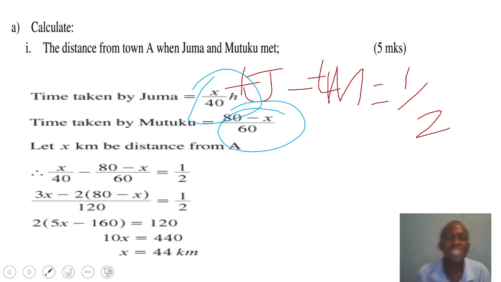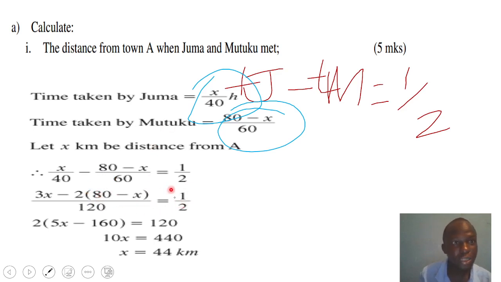But our idea here is to get the value of x. Now after establishing that and doing all this manipulation, it's just about multiplying by 40 both sides, multiplying by 60 both sides, and multiplying by 2, or rather getting the LCM, which is 120. You can do any kind of manipulation you feel like, provided that the main idea here is to get the value of x.